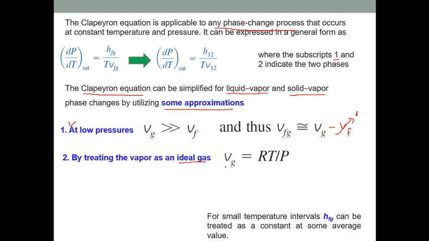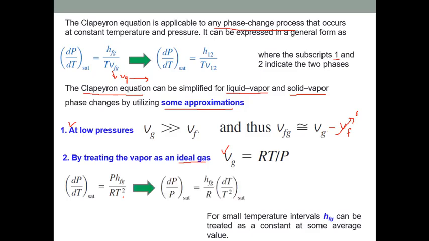If we put this value of vg in the Clapeyron equation, first of all we have to replace vfg with vg, and then put in the value of vg from the ideal gas equation. Then we'll get a new simplified form of the Clapeyron equation, P hfg divided by R T square, right?